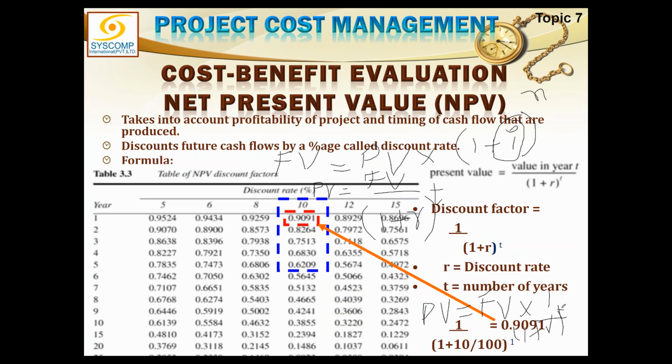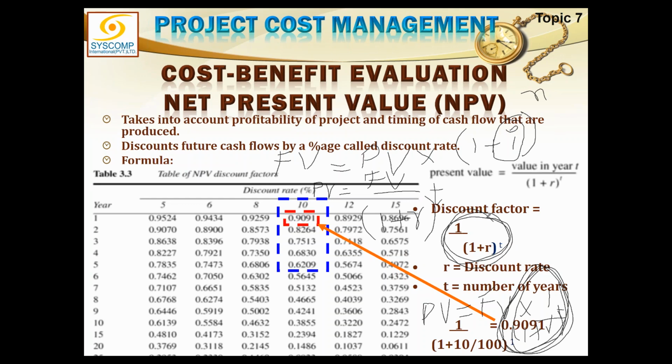Okay. Let's separate this portion, and this is this portion. This is called discount factor. So if I can somehow calculate a discount factor, I can simply multiply the discount factor with my future value, and that will give my present value.